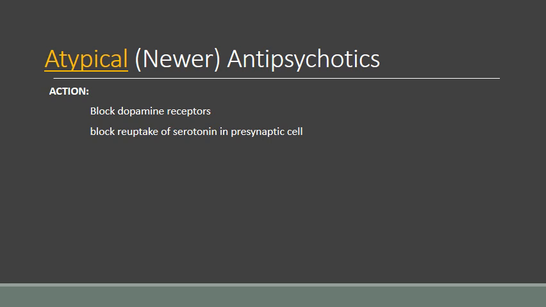And we know that if we increase serotonin, that can help a person with depression and have some mood stabilizing effects. And that is where the serotonin can work on the negative symptoms.